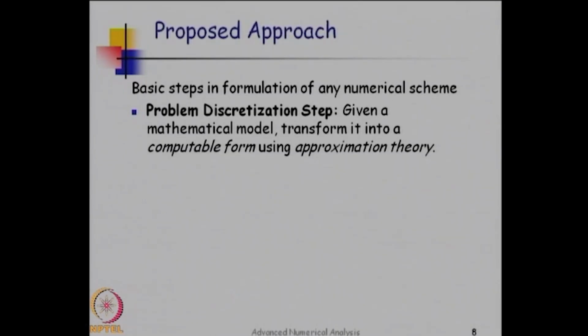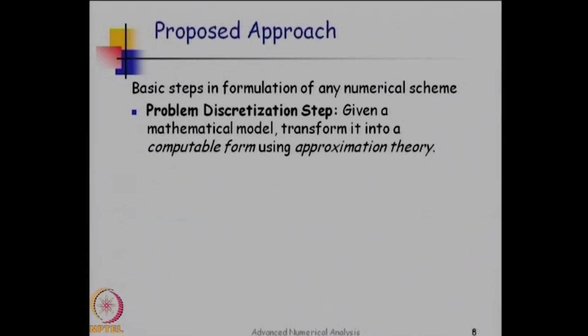Many times you have mathematical problems that cannot be directly solved using existing methods. When I say that they cannot be directly solved, I mean that they cannot be analytically solved. If they cannot be analytically solved, you have to construct approximate solutions. But to construct approximate solutions, you have to first convert a given problem into a computable form.